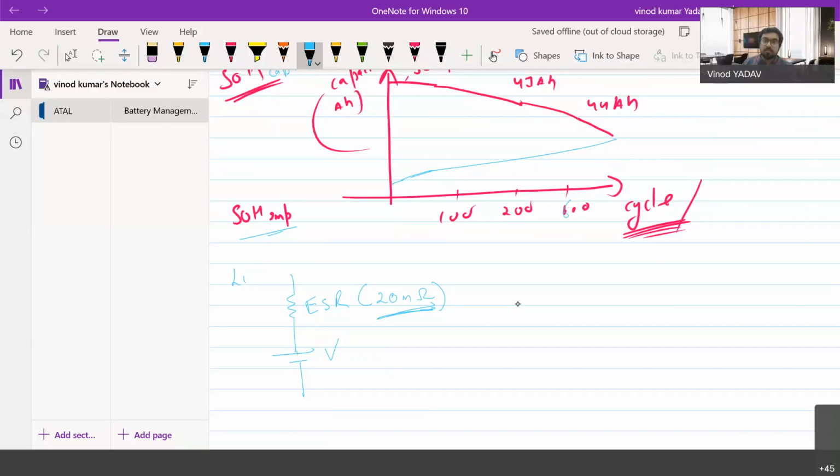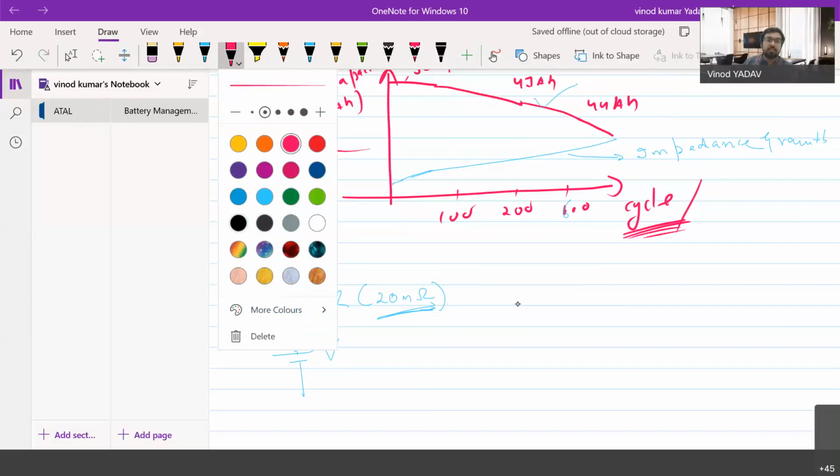This curve I can denote as impedance growth. So with the number of charge cycles, the capacity is deteriorating and the impedance, the resistance offered by the battery, is increasing.